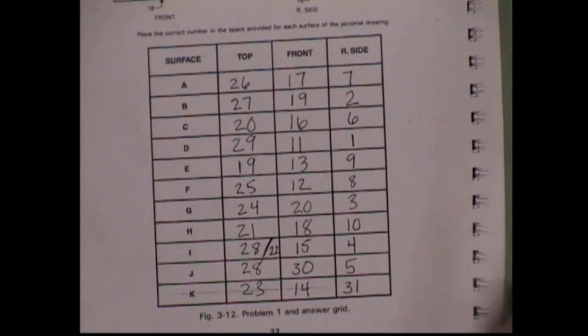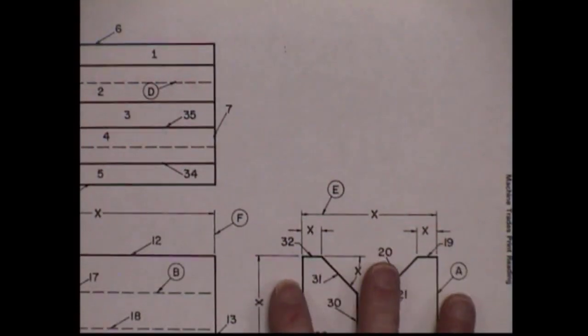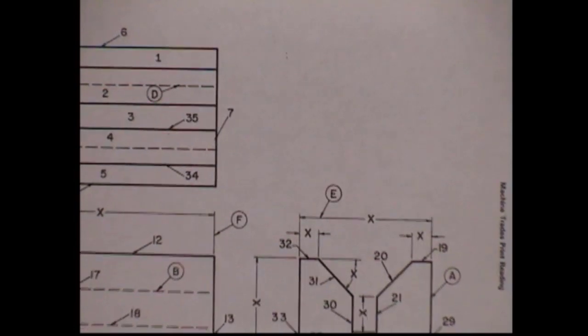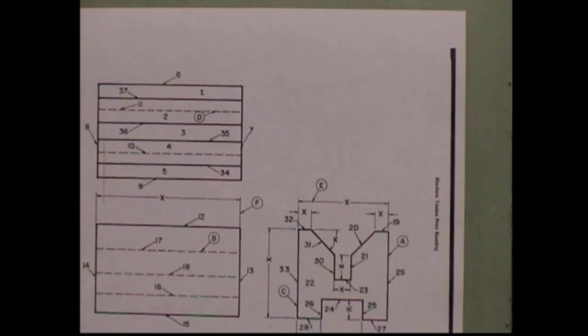And I'm going to show you how to do the next one. So I need everybody to get out their straight edge. And you're probably going to want to use a pencil on this. So on this particular drawing, we're given the front, top, and right side views.